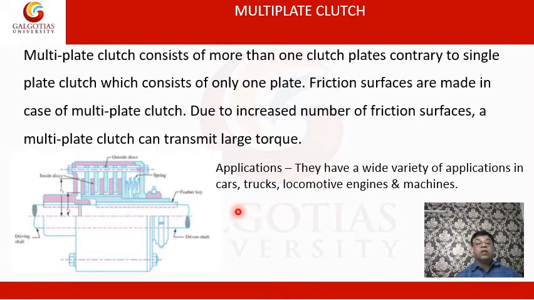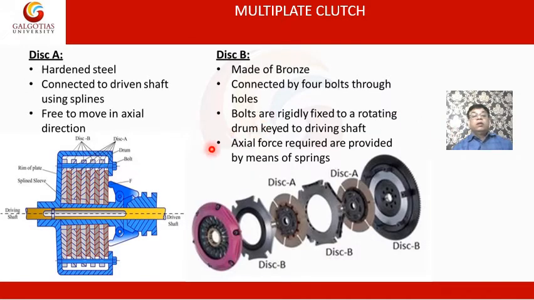This is a diagram representing the multi-plate clutch driving shaft. In the next slide I will show you a clearer diagram. The construction of a multi-plate clutch is like this. It consists of two types of disc, disc A and disc B. Disc A is made of hardened steel whereas disc B is made of bronze.